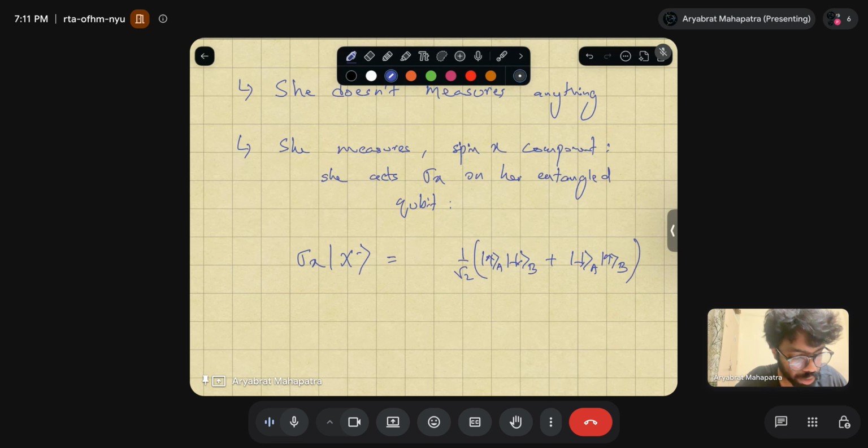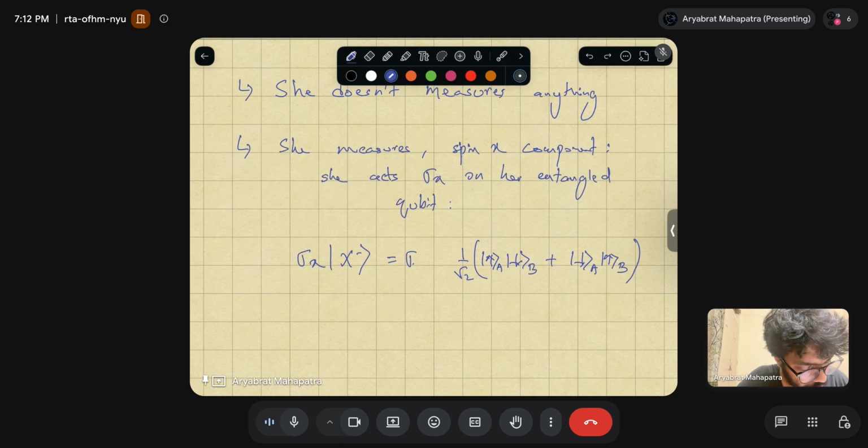So when we say she measures her qubit, it means she is acting sigma x on the entangled qubit chi minus which she has. She can only measure her own state, not Bob's, because Bob has his own qubit with him. Alice has no access to Bob's qubit, so she cannot measure Bob's entangled qubit.